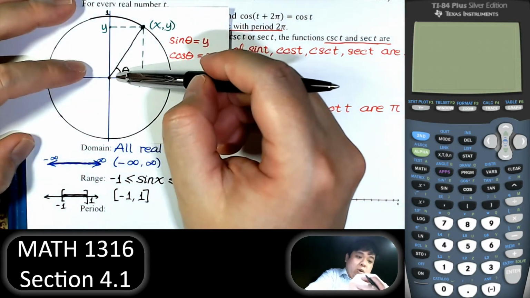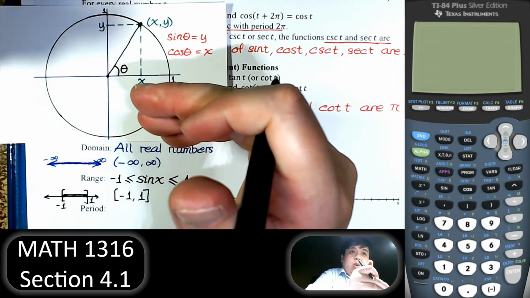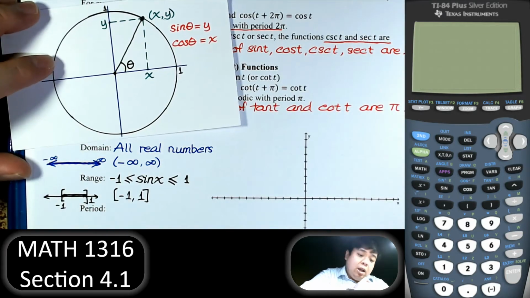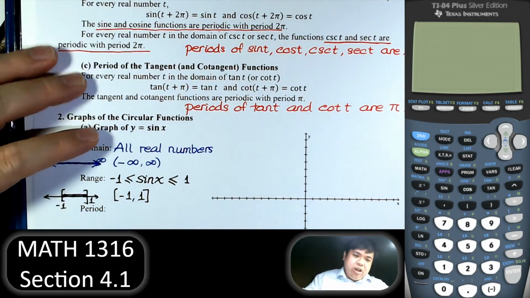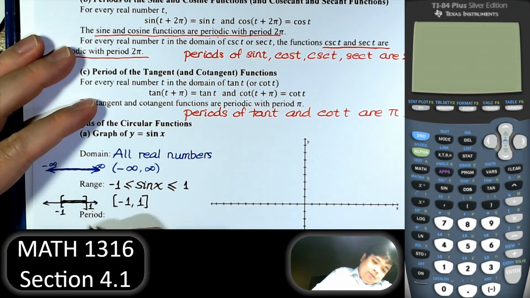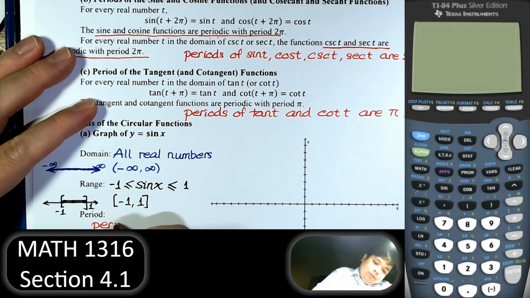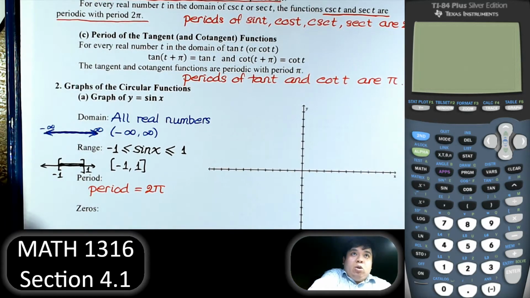Doesn't matter what the angle is, the y values on the unit circle can only be from -1 to 1 inclusively. The period, we already know that, 2 pi. The period is equal to 2 pi. That's what we know. Now how about zeros?